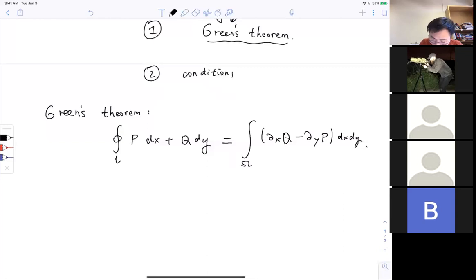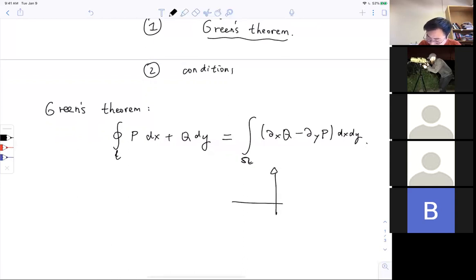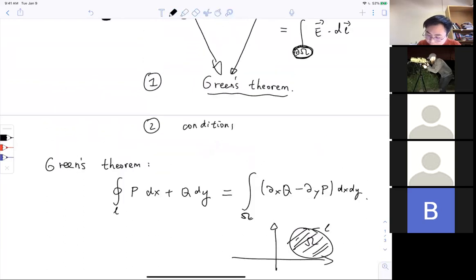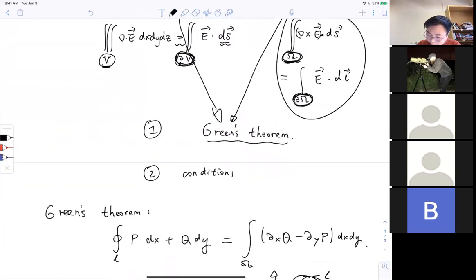This loop is the boundary of this area, and this is for 2 dimensions. Imagine this is the area we integrate over, and this L is its boundary.